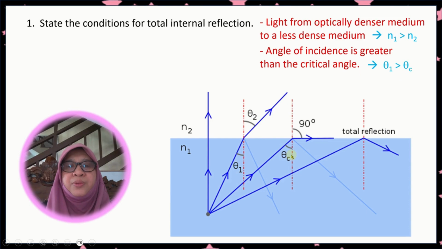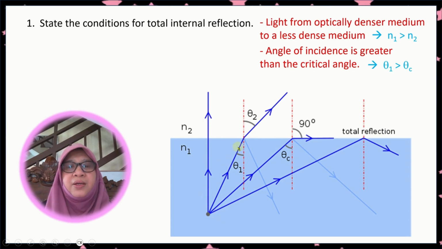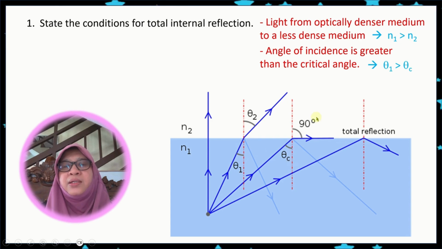Okay, refer to the diagram here. This is the first medium where the light passes through. It is incident on the interface between these two media, and medium 2 has refractive index N2. Theta 1 changes until it becomes theta C, where the angle of refraction becomes 90 degrees.